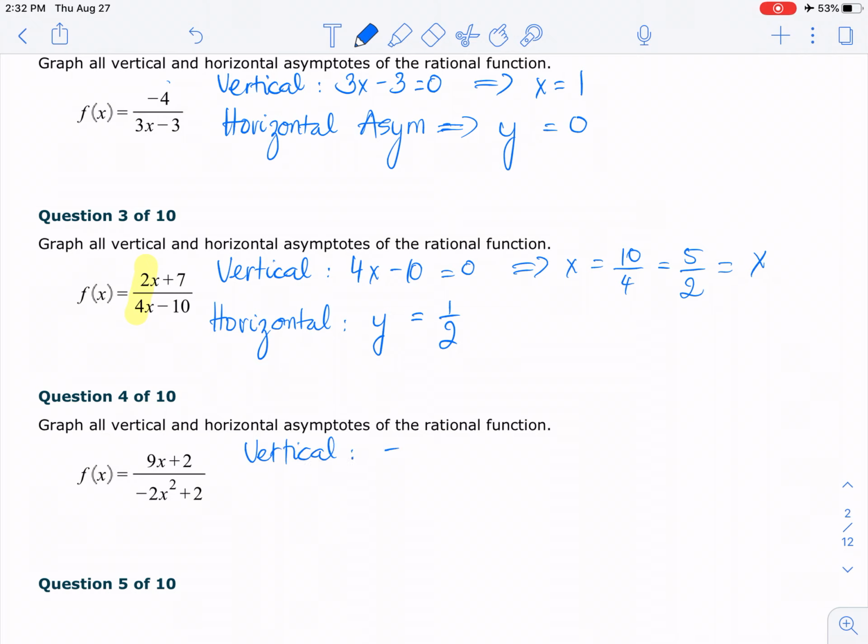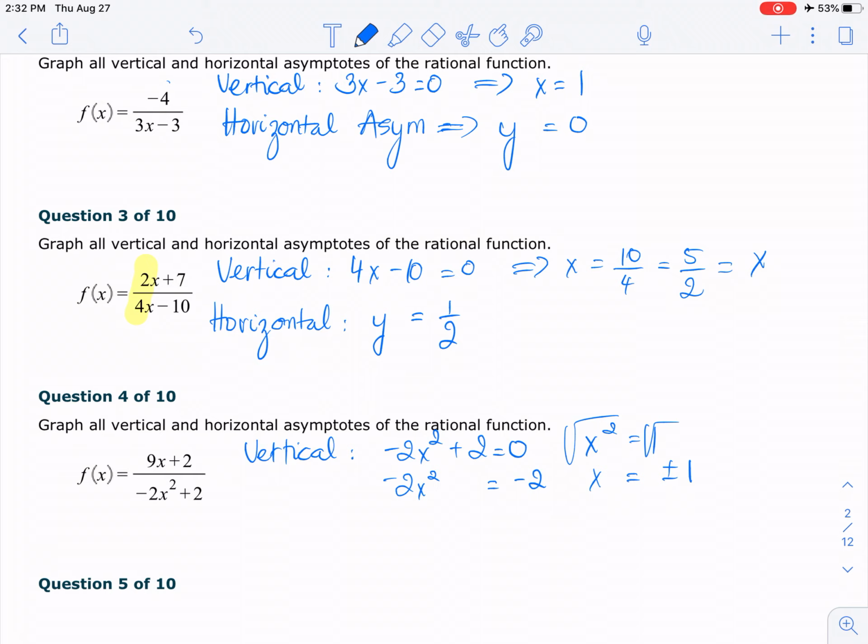I take negative 2x squared plus 2 equals 0. So it's going to be negative 2x squared equals negative 2. So x squared equals 1. You take the square root, you're going to end up with plus and minus 1. So we do have two vertical asymptotes, which are x equals 1 and x equals negative 1.